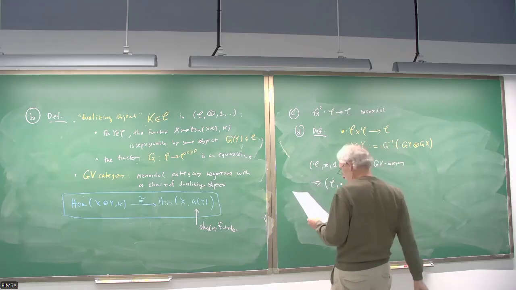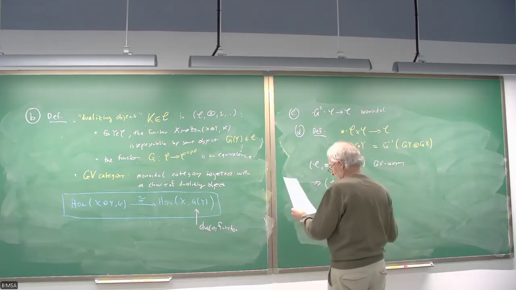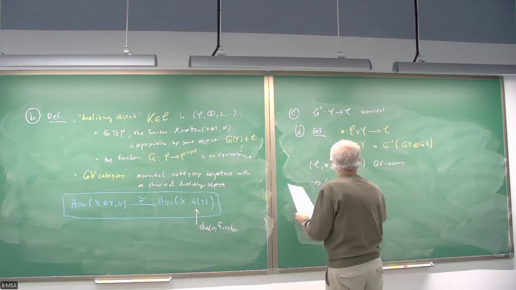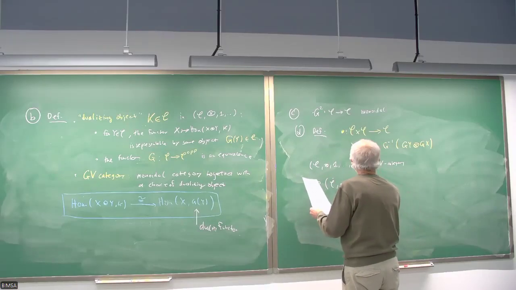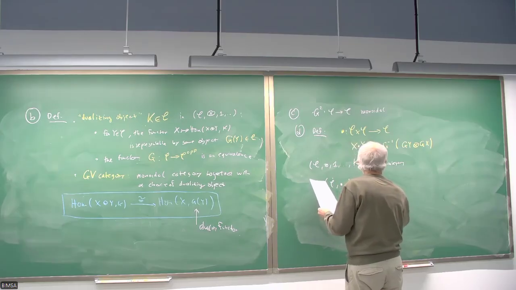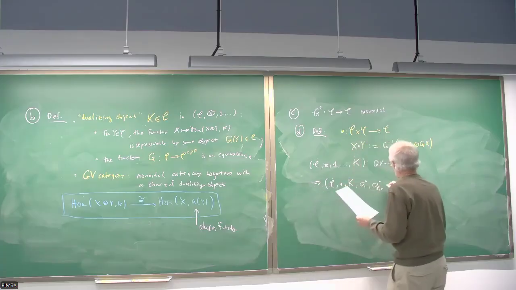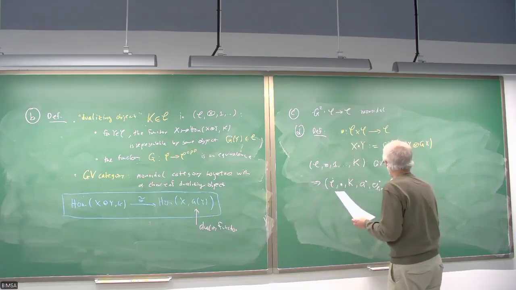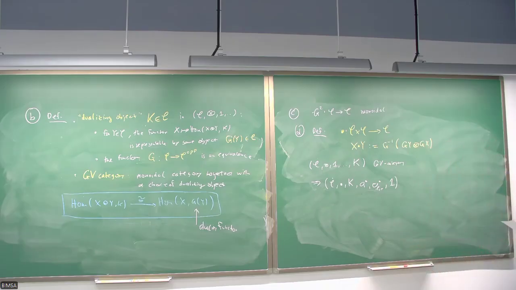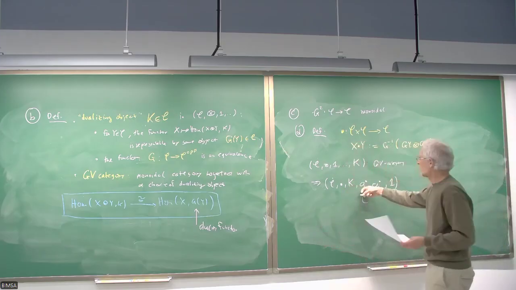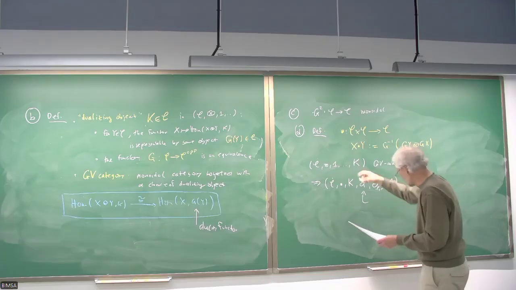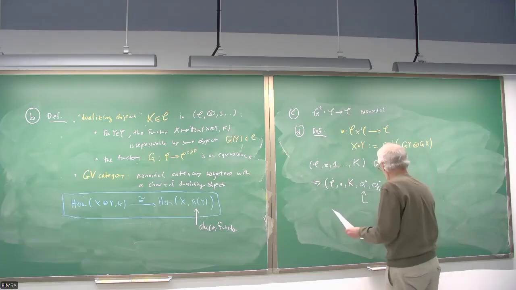And you can check that this has the property of a tensor product functor. And then K as the monoidal unit. And then we have an associator and unitors for this structure. And then there is a dualizing object, which is just the monoidal unit for the original tensor product. And you can derive these in terms of the associator and unitors here. I just write it for the associator.